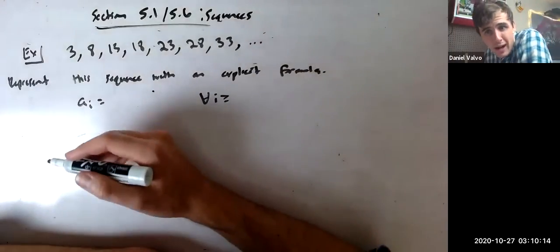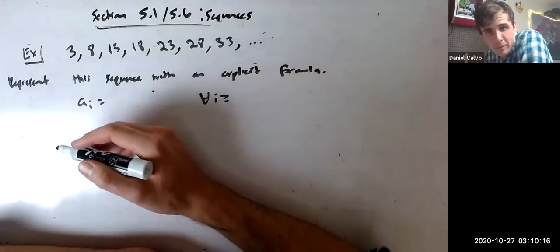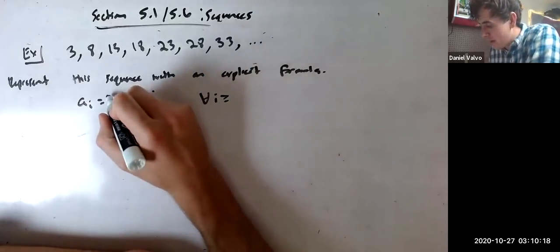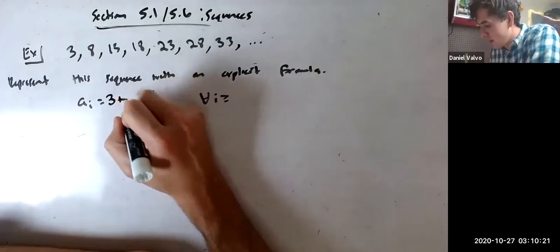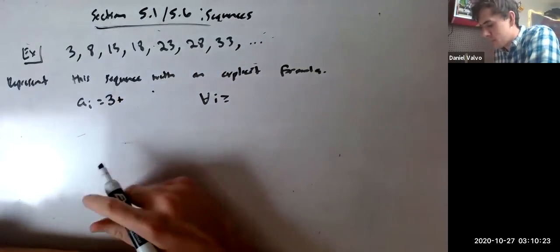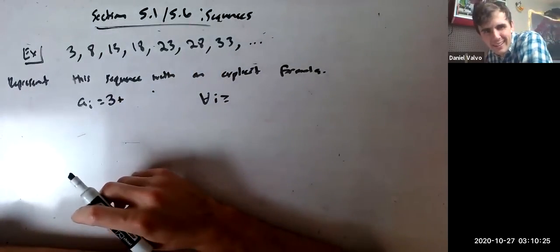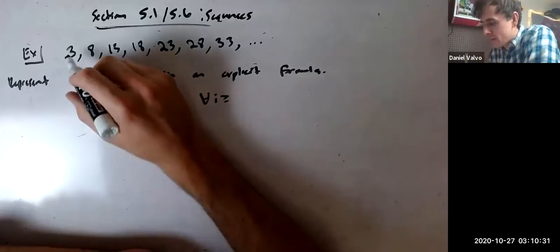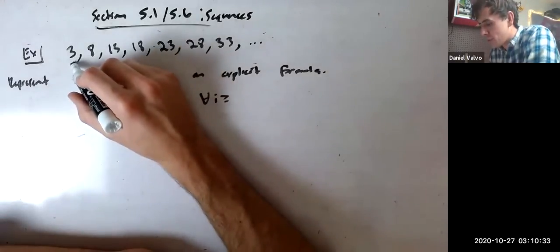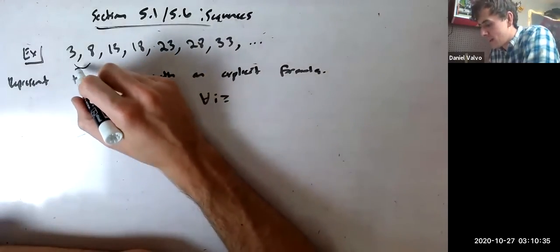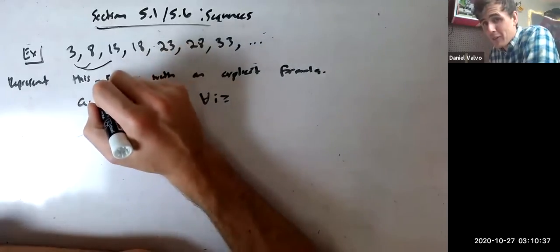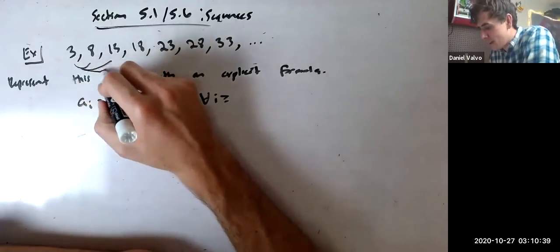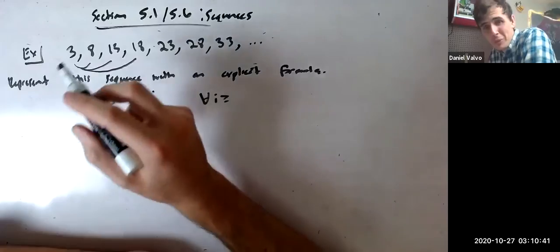So if you add 5 every time, maybe a good starting place would be a_i equals 3 plus what? To get from 3 to 8, you add 5 once. To get to 13, you have to add 5 twice. To get to 18, you have to add 5 three times.